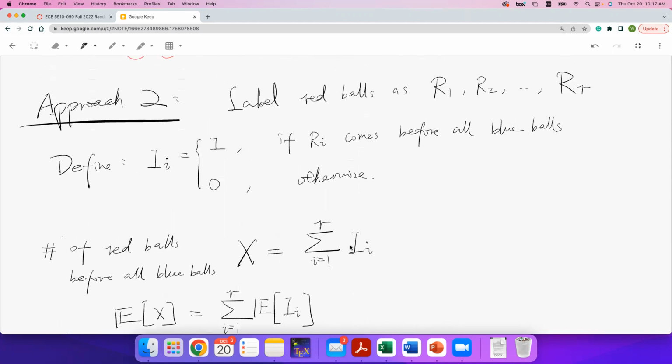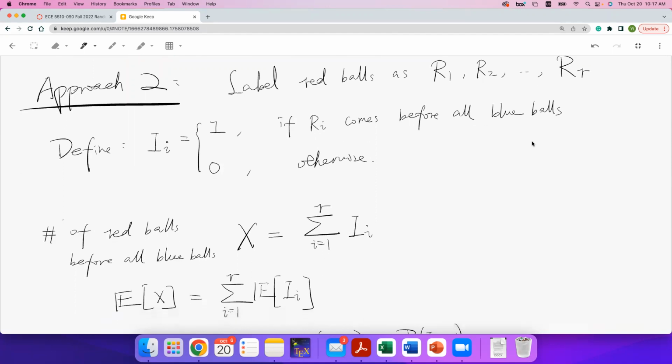Now, what does I_i equals 1 mean? I_i equals 1 if R_i comes before all the blue balls.